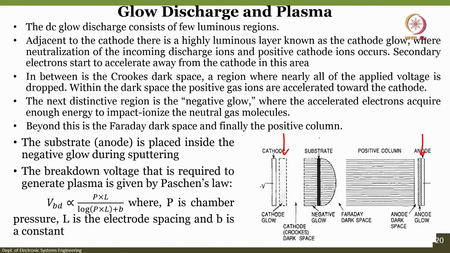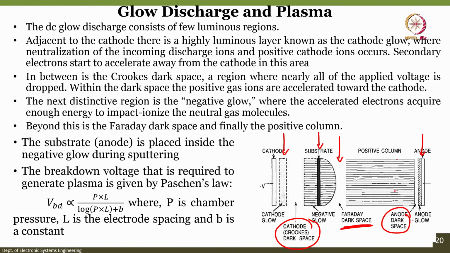Then the substrate is placed here and you have a negative glow, and then there is something called the Crookes dark space, or cathode dark space. Then between the positive column and the anode there is something called Faraday's dark space. Okay. And between the anode glow and the positive column there is an anode dark space.